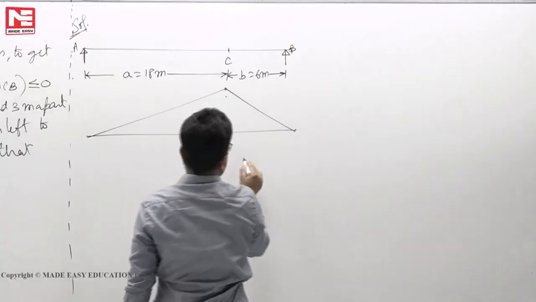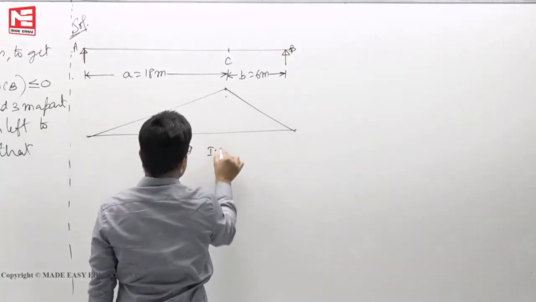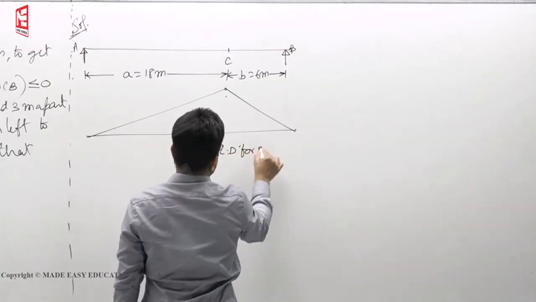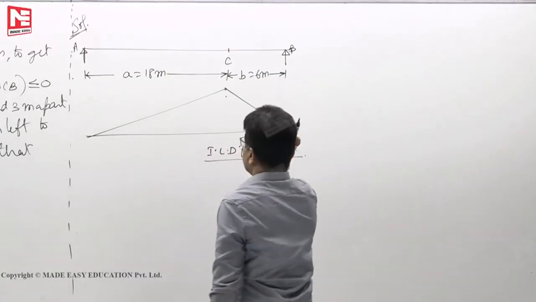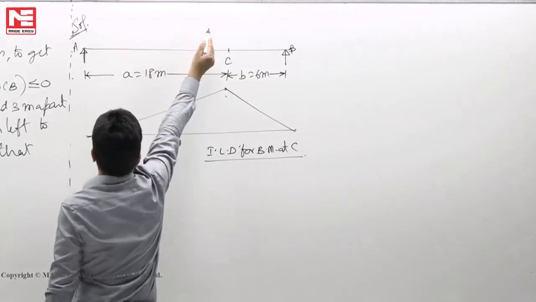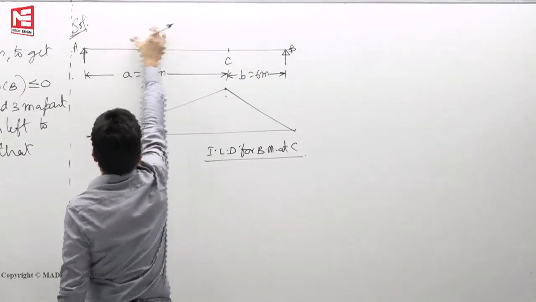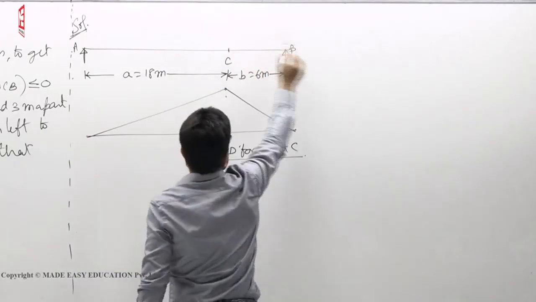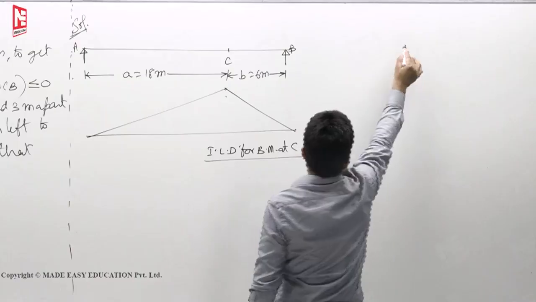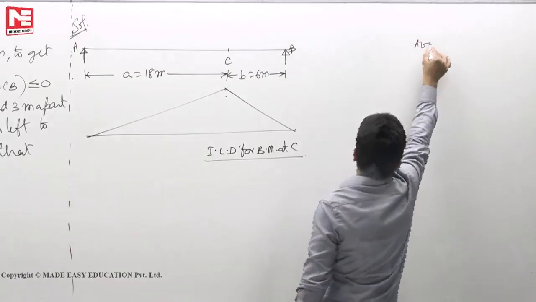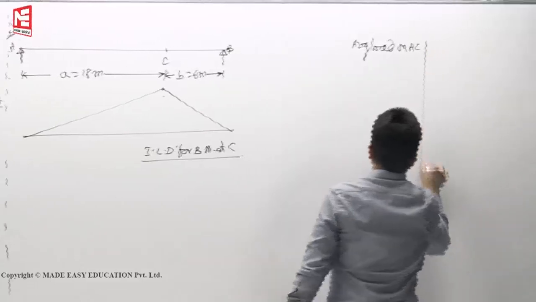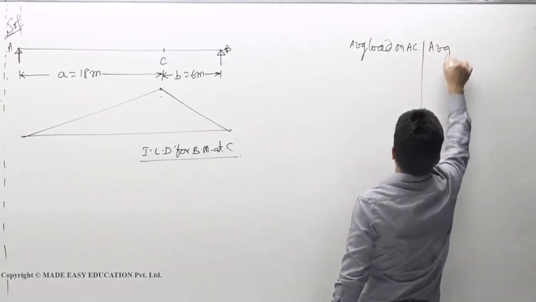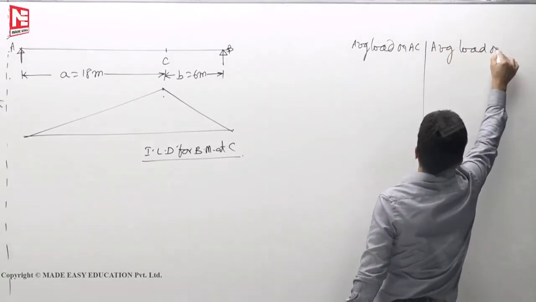AB by L. This is ILD for bending moment at C. Now you see, first we will keep all the loads here. All loads will be here. Here 0 load will be there. So we will write this table. Average load on AC, then average load on CB.